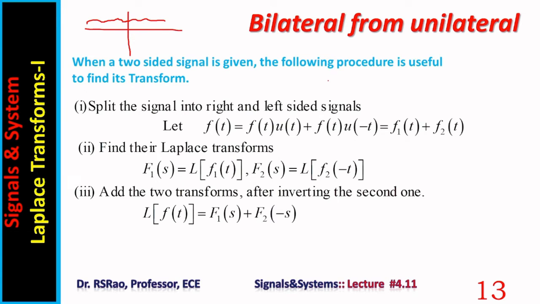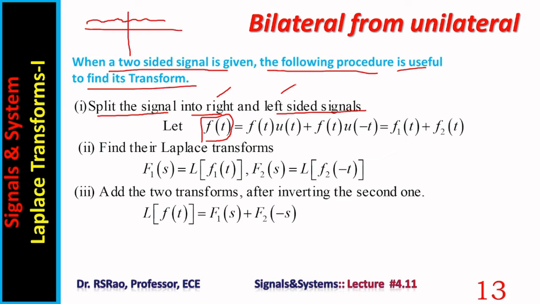This aspect is explained here. When a two-sided signal is given, the following procedure is useful to find its transform. Split the signal into right and left-sided signals. Let us suppose f of t is the given two-sided signal. It can be written as the sum of two signals, one right-sided, another left-sided.